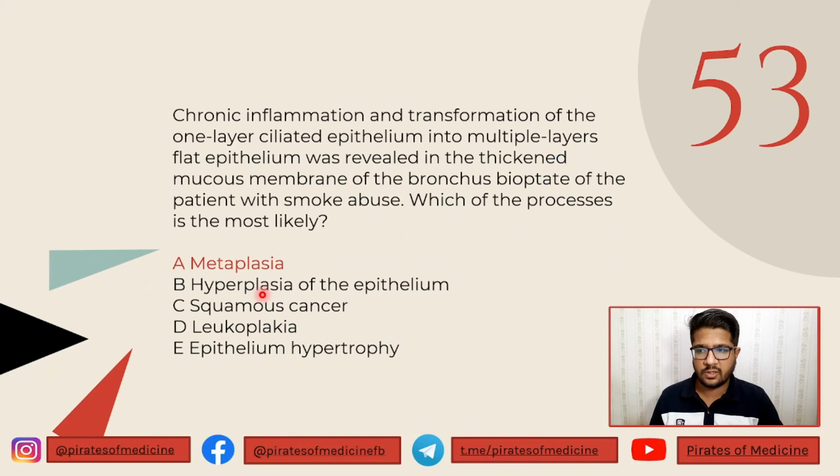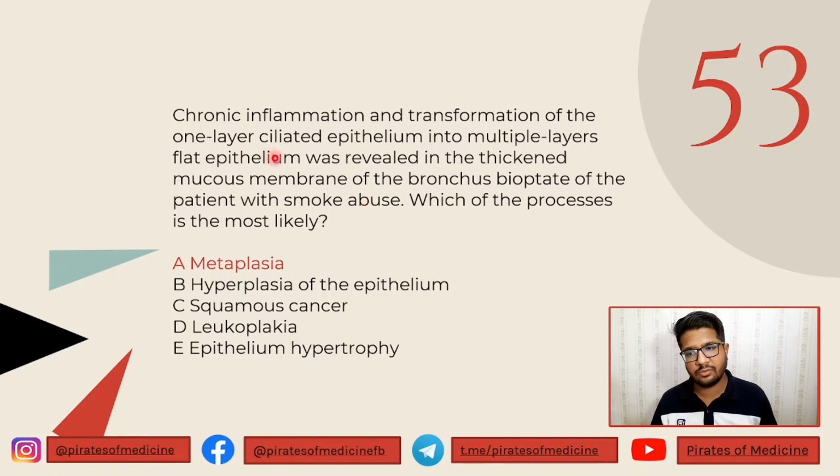Let's go to the next question, 53. Chronic inflammation and transformation of the one-layered ciliated epithelium into multiple-layer flat epithelium was revealed in the thickened mucous membrane of the bronchus by biopsy of a patient with smoking abuse. Which of the following processes occurred most likely? So, the history is chronic smoking.